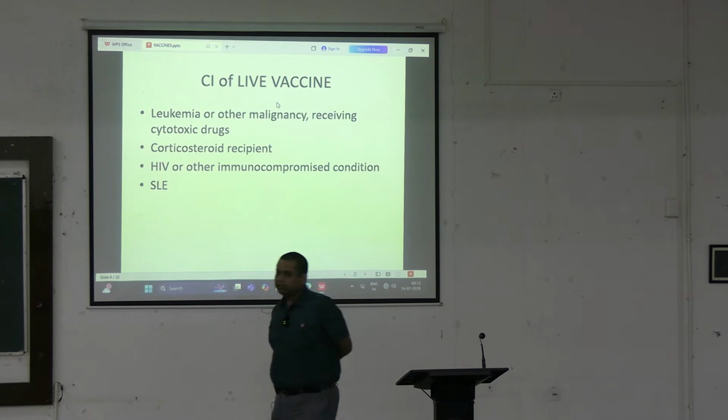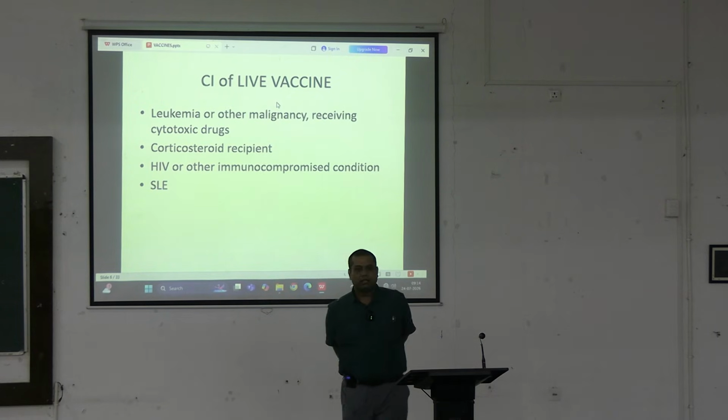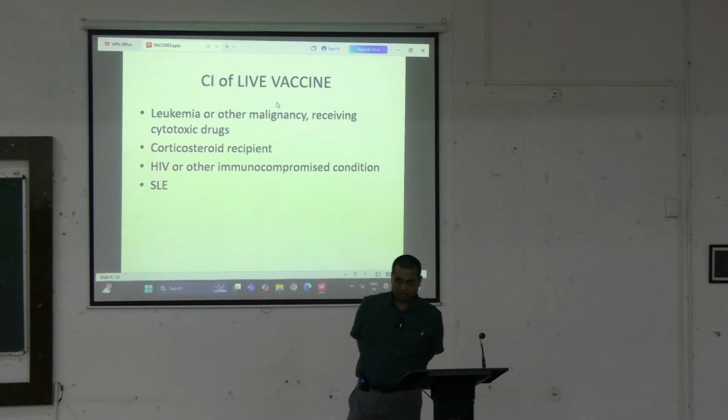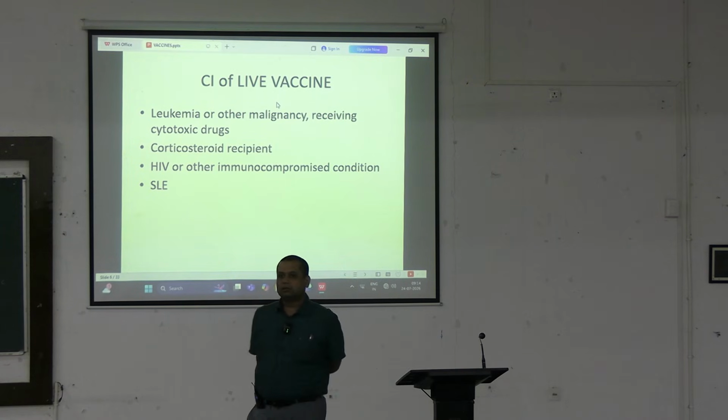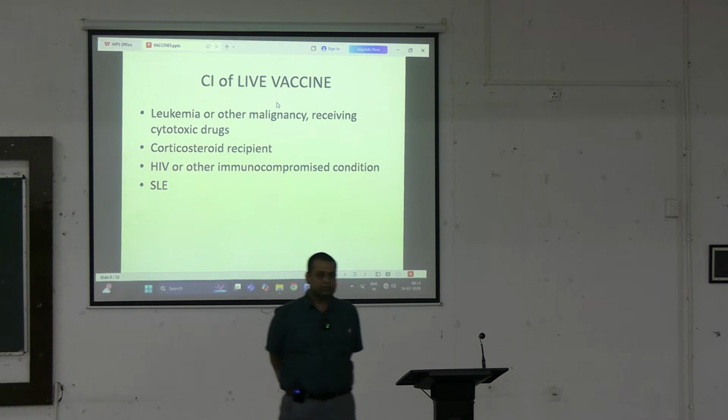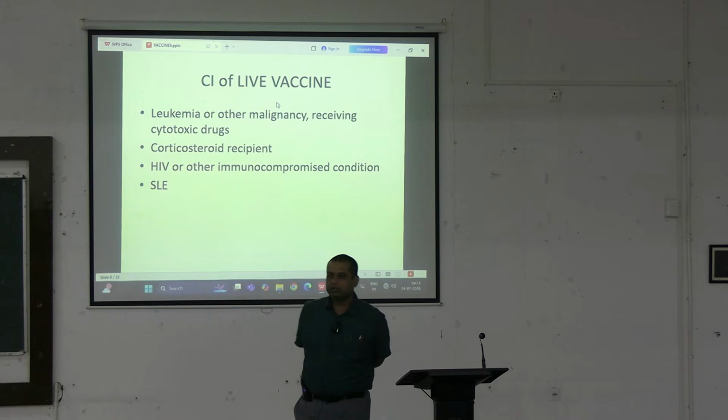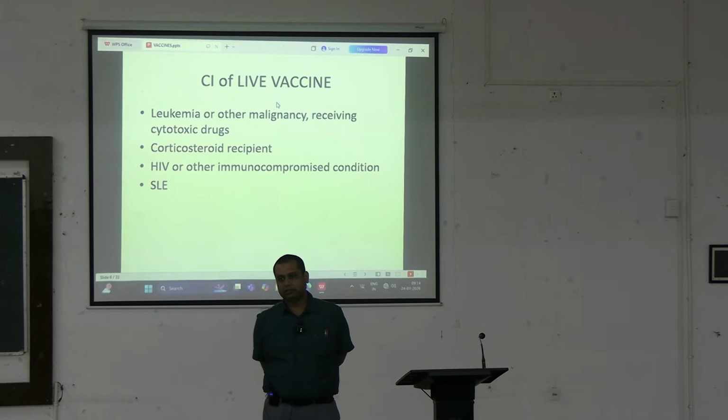So contraindications of live vaccines. Leukemia or other malignancy receiving cytotoxic drugs. In leukemia, there is abnormality of white cells, so the immune response may be absent.